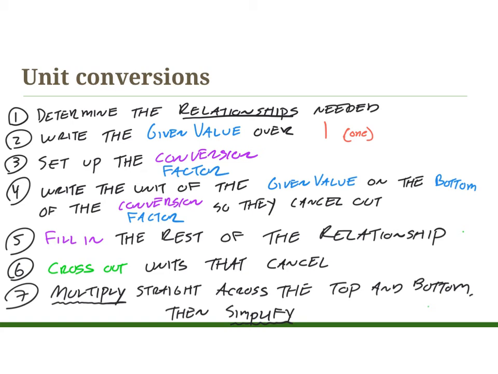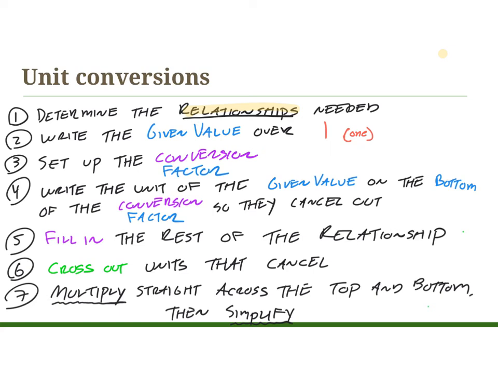So what's going to happen is we are going to determine the relationships that are needed in the problem based on the given information. You will take your given value and put that over 1, and then we need to set up our conversion factor. I wrote it that way so that we could remember how to set those up.